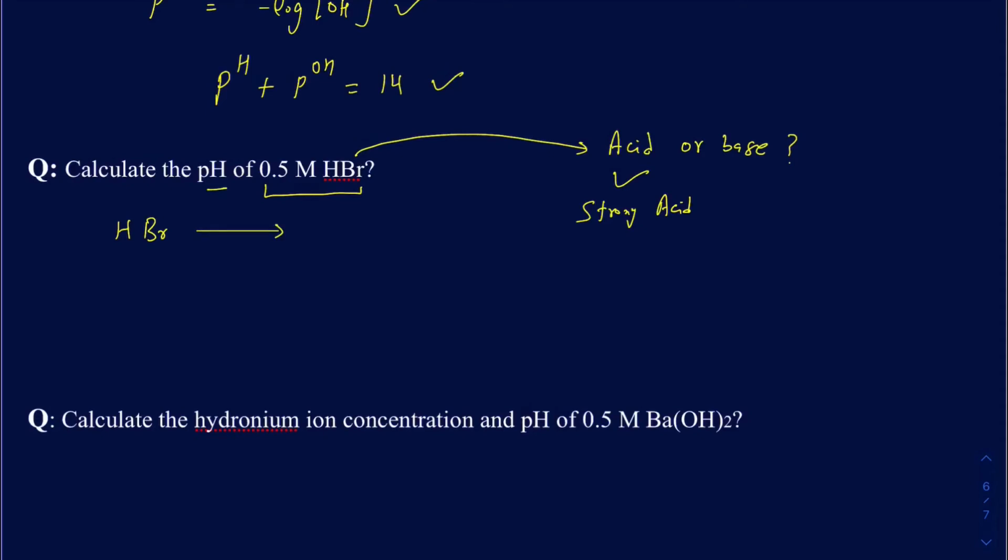So whether I write it like HBr aqueous breaking into H plus and Br minus, that's one way of writing it, or I write it like HBr aqueous plus water, and that's going on to make H3O plus and Br minus.